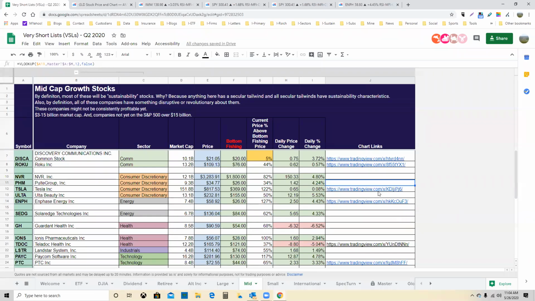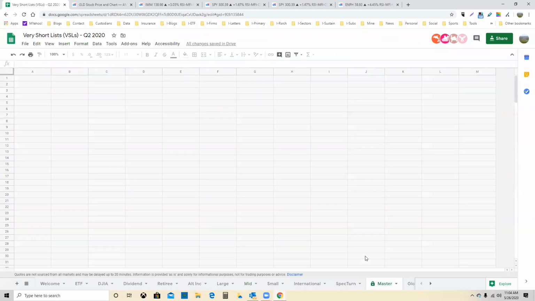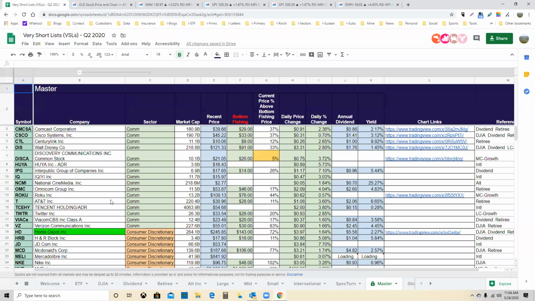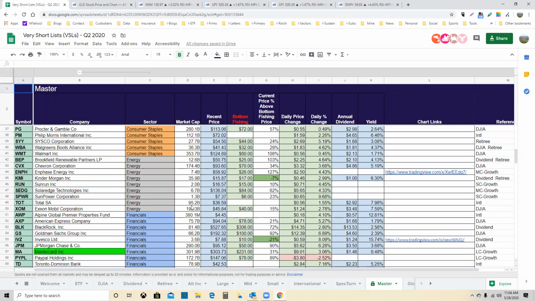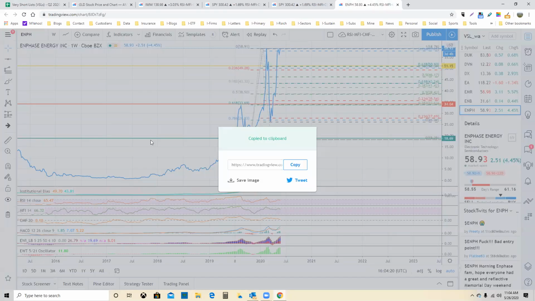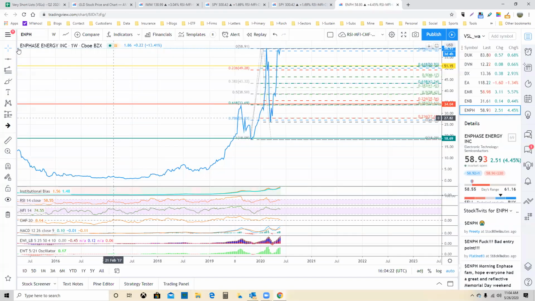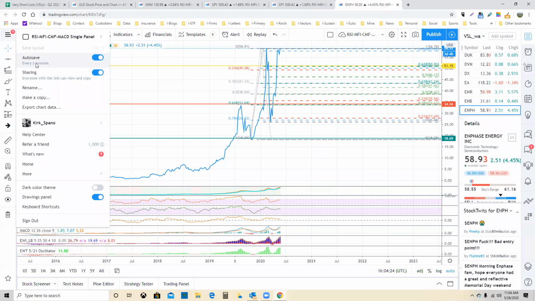So I'm gradually adding these. Oh, oops, I'm supposed to put it on the master list. There we go. So that's where you find these. Like I said, I gradually get them in there. You can build your own. It's allowed. And they're all shareable, so you can just copy them.